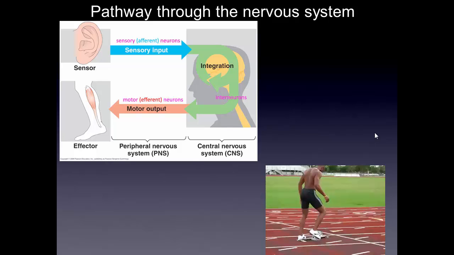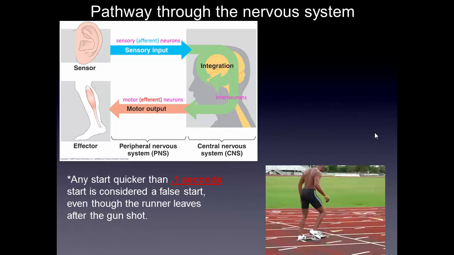Now, it takes time for you to hear the sound of the starting gun, for that information to come into your brain, for your brain to decide you need to start running, and then send that message to the muscles in your legs. It takes an amount of time for that to happen. It's called your reaction time. Tomorrow's lab, we're going to be measuring our reaction time. And in some people, it's better than in other people's, and it can improve with practice. Okay?